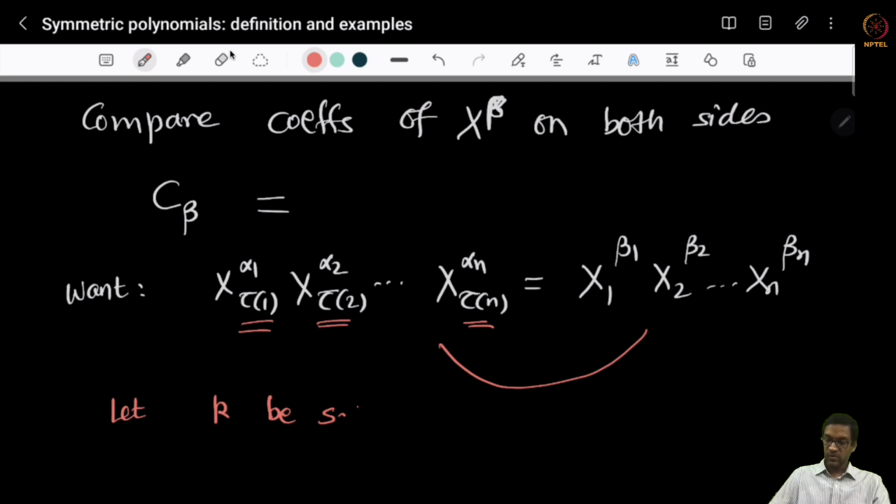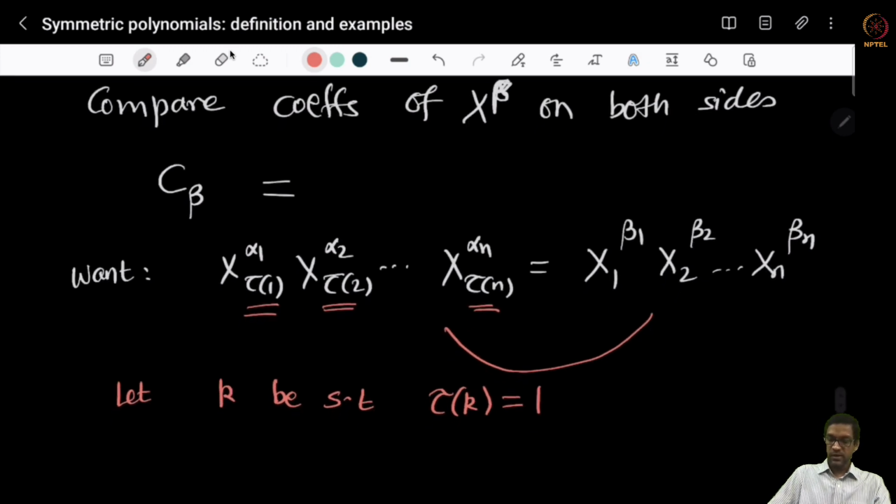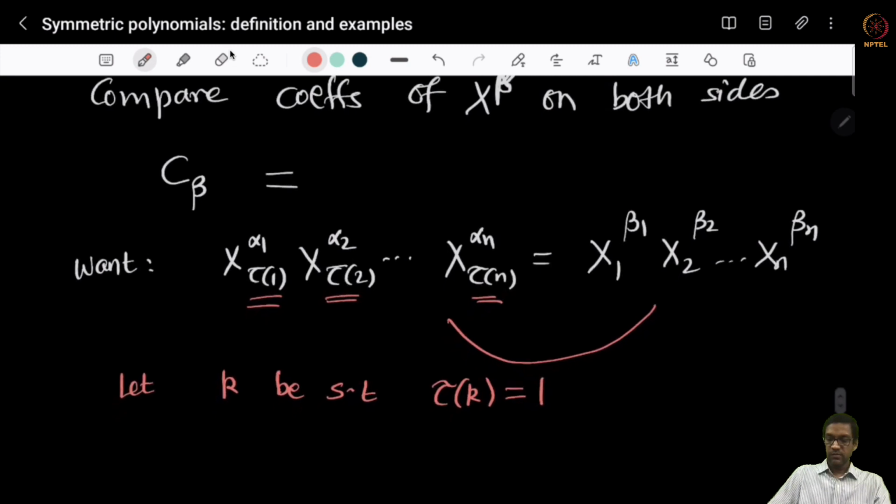So this is going to look like dot dot dot, the other earlier terms, and then this is x1, and then I have the power alpha k. I know that these two have to be equal to each other, right? This term and this term are equal. It means that alpha k has to be the number beta 1. So beta 1 had better equal the number alpha k.